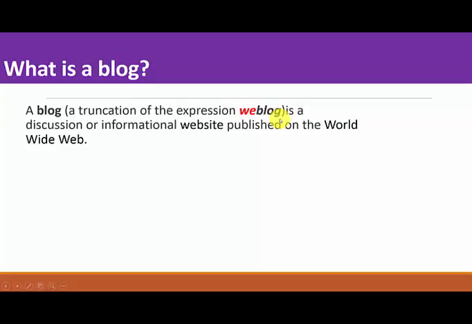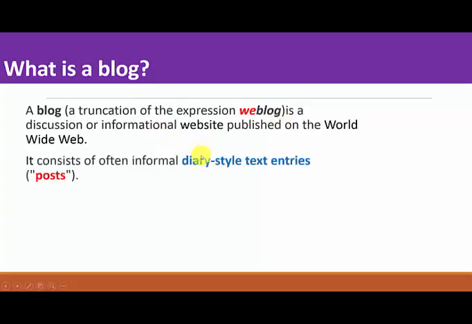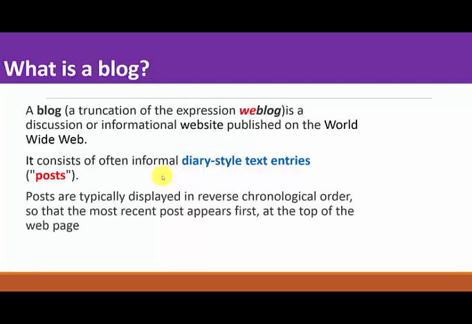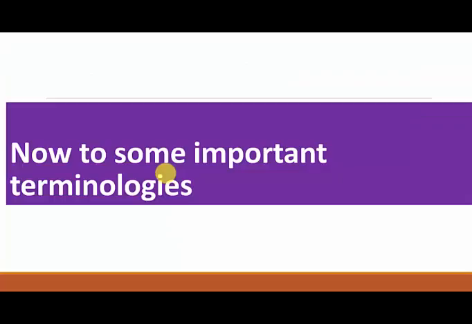So it's a discussion or information website that you have published on the World Wide Web. It's like diary entries, which you call posts, and the posts are displayed from the most recent at the top of the web page all the way down. So that's a blog. Now we're going to move on to some important terminologies, so let us roll.